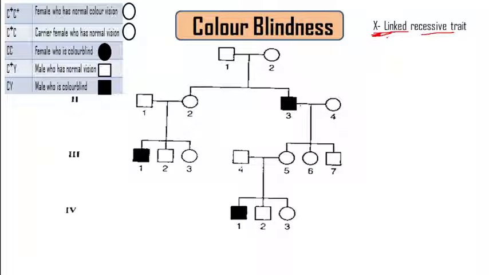Here you will see that the females who have normal vision are shown with blank circles and are represented by the genotype C plus C plus. The carrier female who has normal vision is denoted by C plus C and is represented by a blank circle.